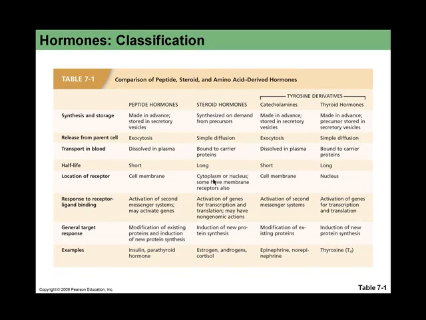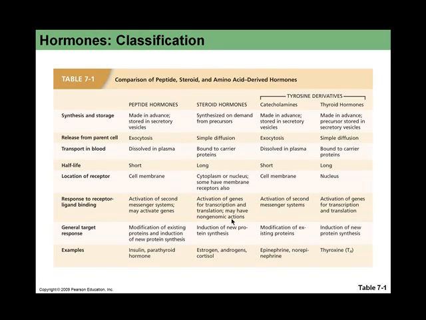Whereas the cytoplasmic receptors for the steroid hormones have to be ligated, then they can get into the nucleus and do that. The response to the receptor-ligand binding, for peptide hormones, you'll have activation of second messenger systems that may activate genes. Still activation of genes, as I said, changing transcription rates, and thereby having impact on translation, the production of protein. And it may have non-genomic effects as well.